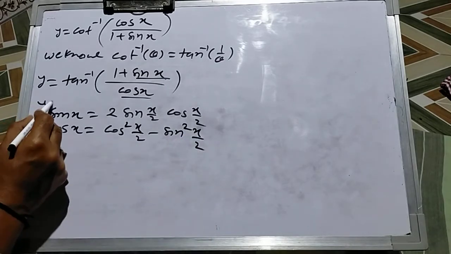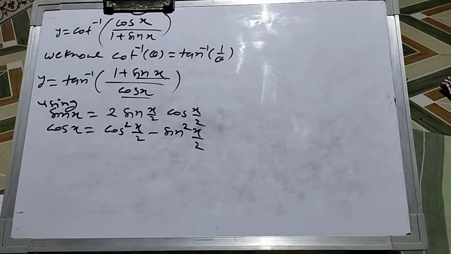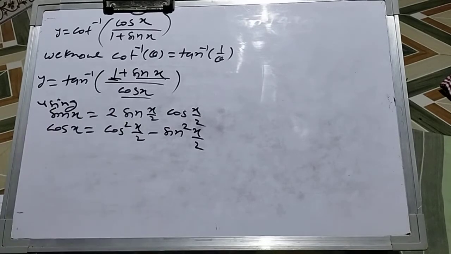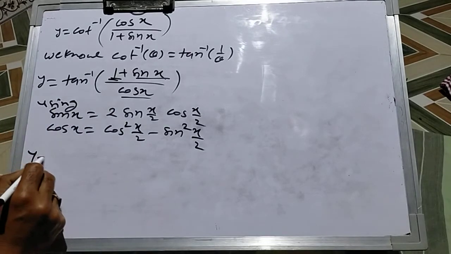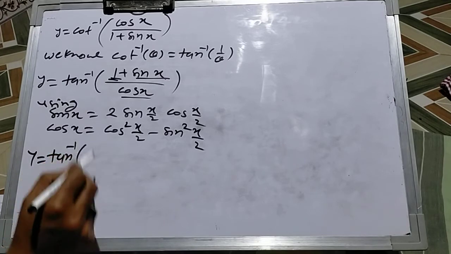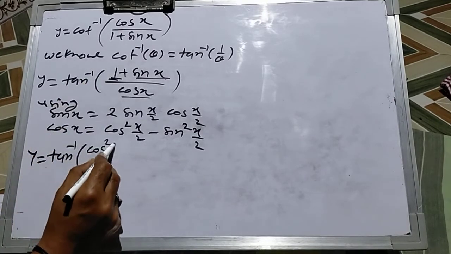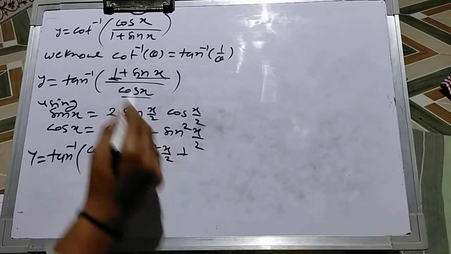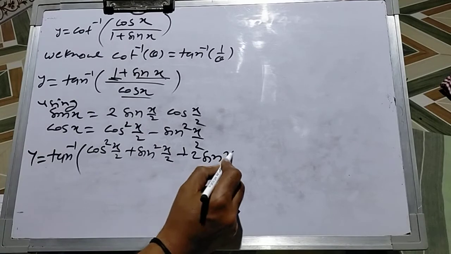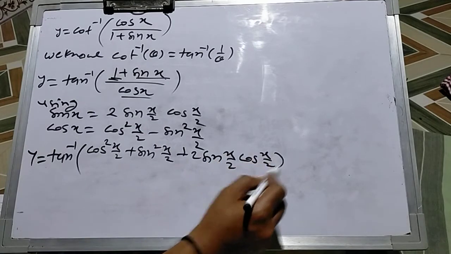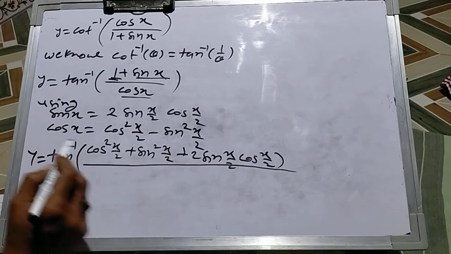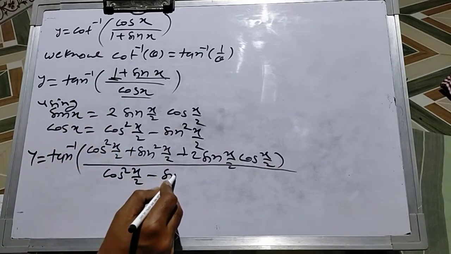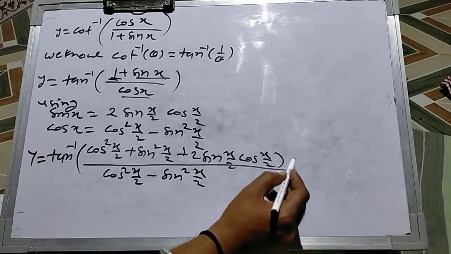So using these two formulae, and this one can be written as cos square x by 2 plus sin square x by 2. So here y is equals to tan inverse of 1 means cos square x by 2 plus sin square x by 2, plus sin x means 2 sin x by 2 cos x by 2, divided by, here cos x means cos square x by 2 minus sin square x by 2.